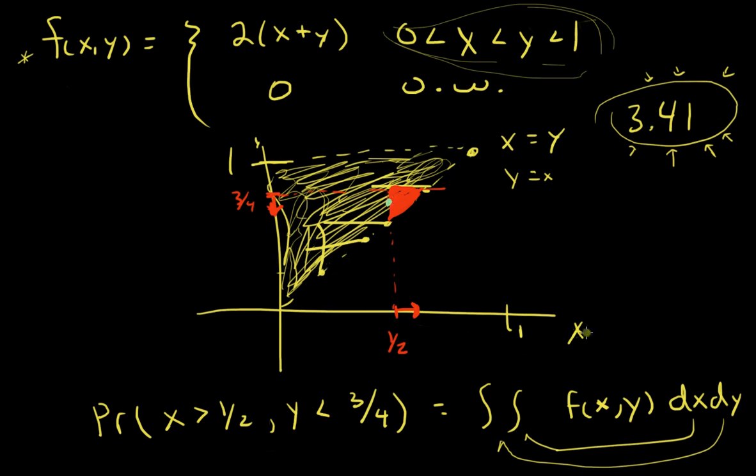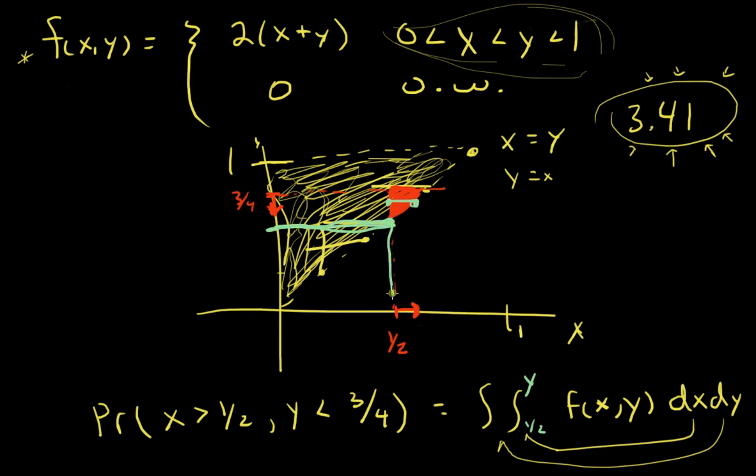It moves from left to right. So starting at 1/2, I will travel until I get to whatever value of y. Then, where does y go? Y goes from down to up, right? So starting here, what is the value of y at that point?